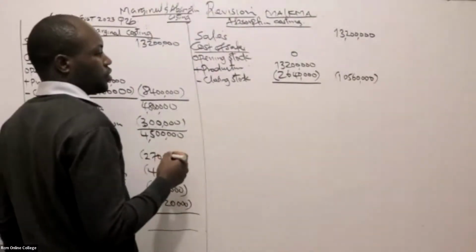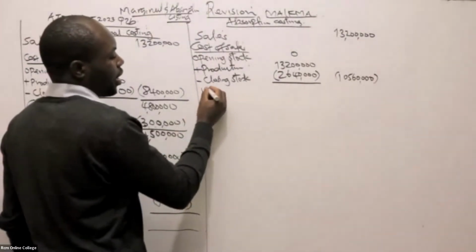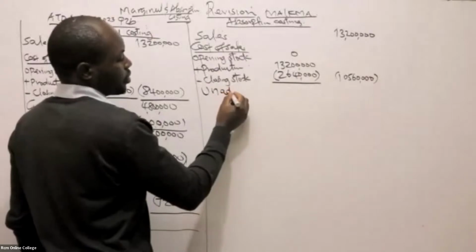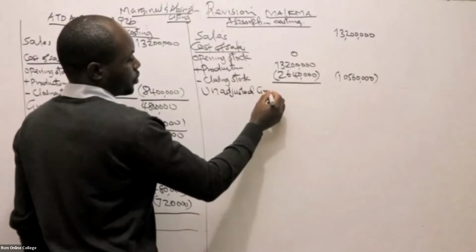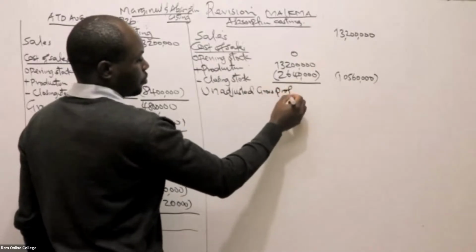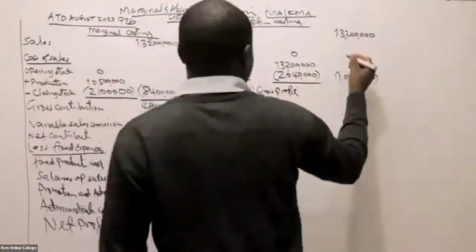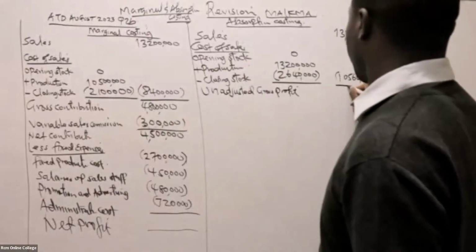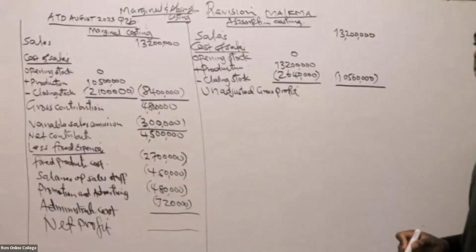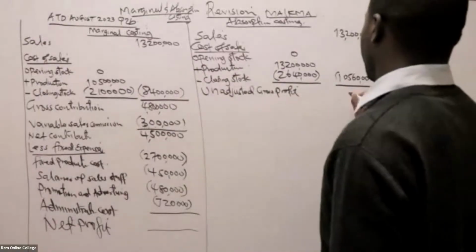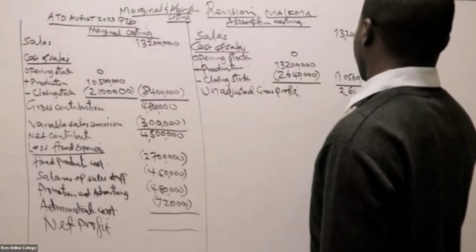And that gross profit is not just gross, it is unadjusted gross profit. Our unadjusted gross profit is 2,640,000.